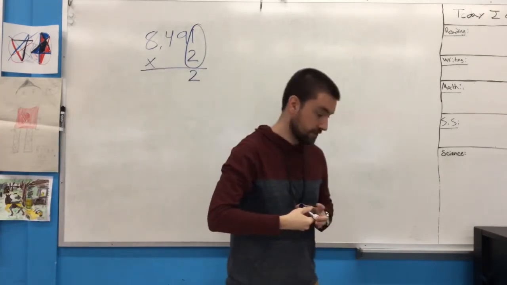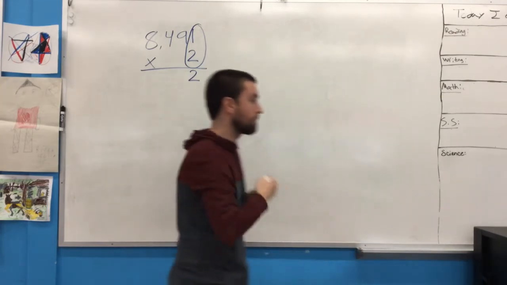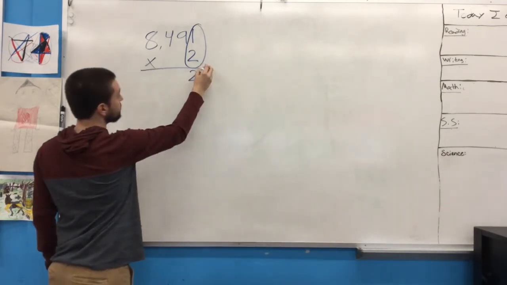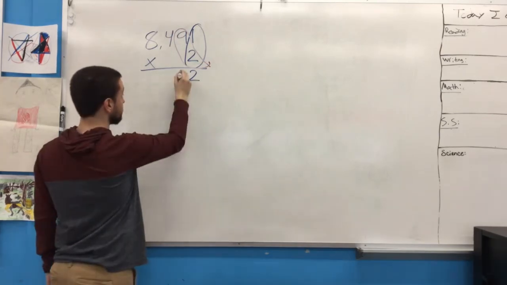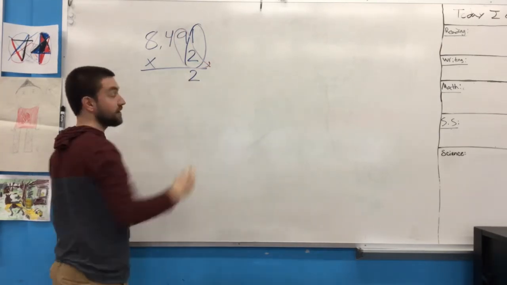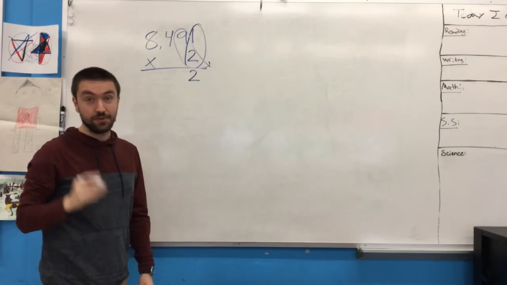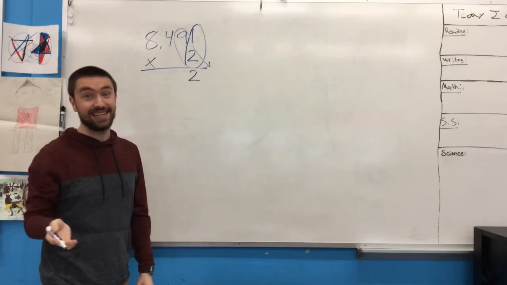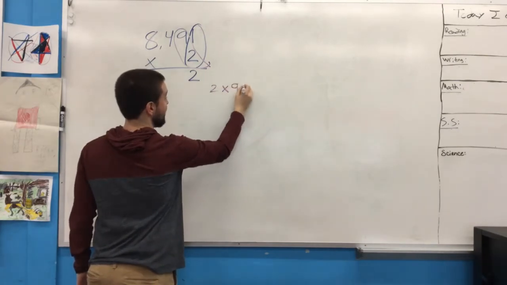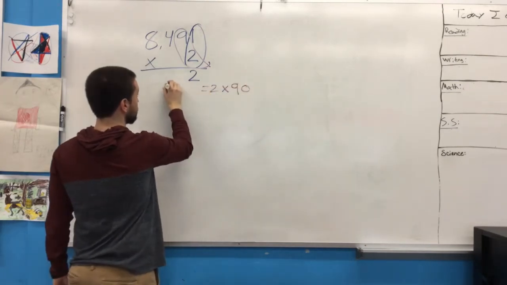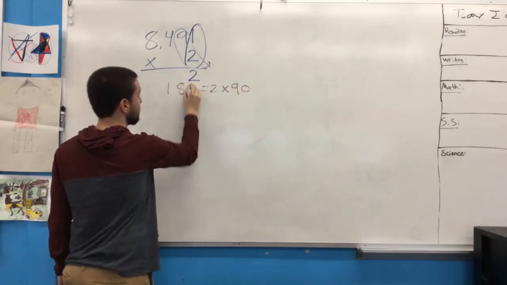Next color. 2 times 9 is 18, but it's not a 9 because we're doing partial products. It's a 90. This is 2 times 90, which equals 180.